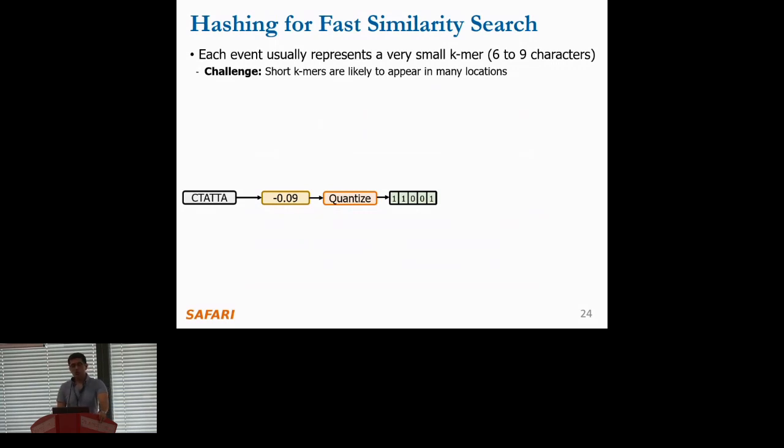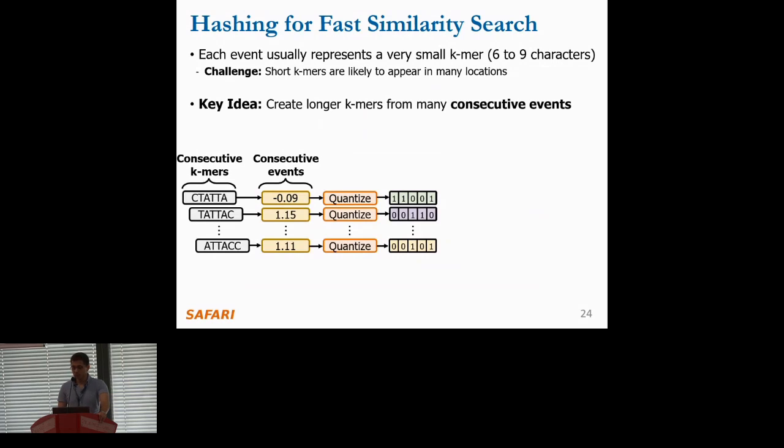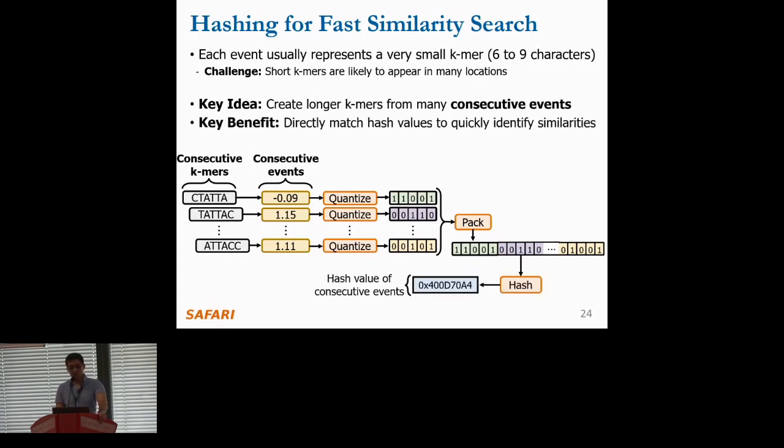Our approach to this challenge is to form longer k-mers from consecutive events by packing the quantized values of these events into a single value. And to efficiently store these packed values, we generate their hash values using a hash function. The benefit of this approach is that it allows for direct matching of larger regions from their hash values, enabling swift identification of similarities.